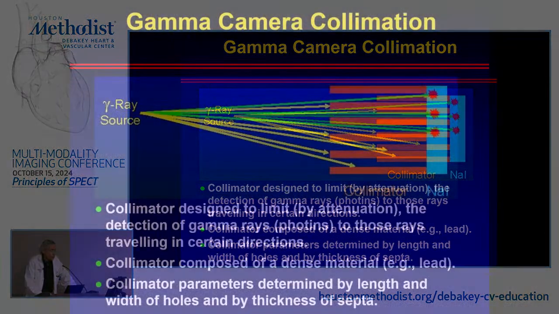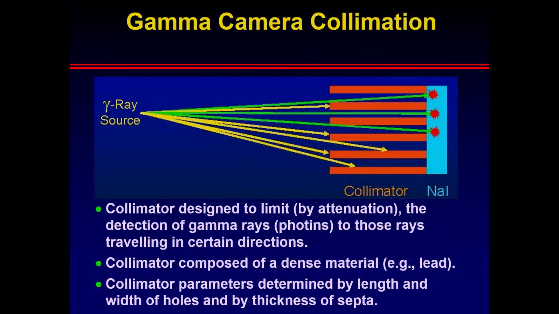The other important concept is that of collimation. If you think about it, when you have emissions, they go off in all directions like a sunburst, and the farther a photon goes, the more it splays out at a greater angulation.